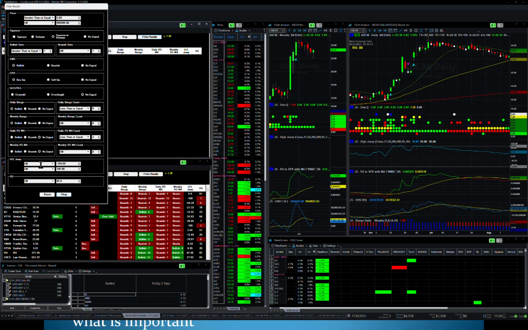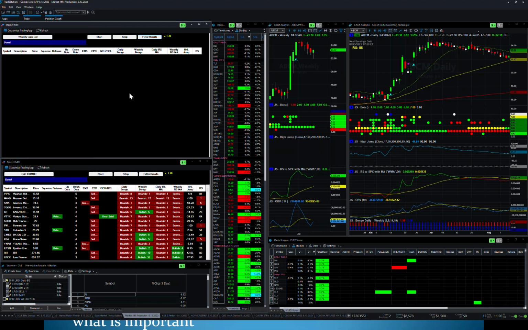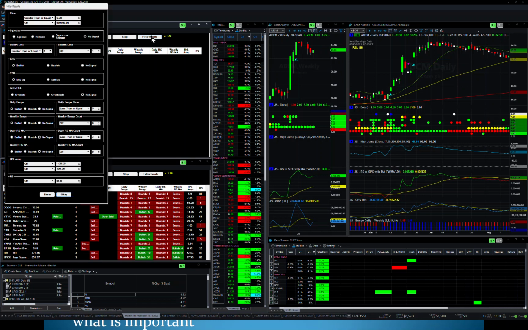Sometimes when I see that, let's go no, not requiring a squeeze. Okay. So obviously I did it too tight. So let's look through price greater than 5, no signal, bullish dots greater than or equal to 1, bearish dots off, perfect, EMS bullish. All right, let's take those off for right now.